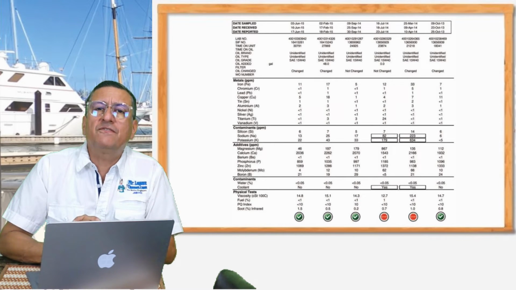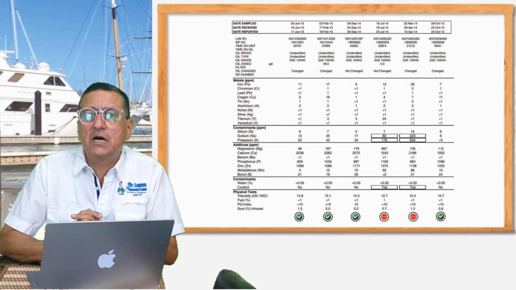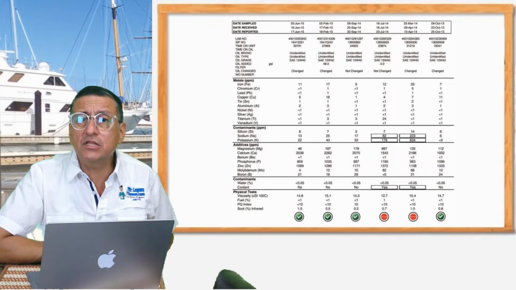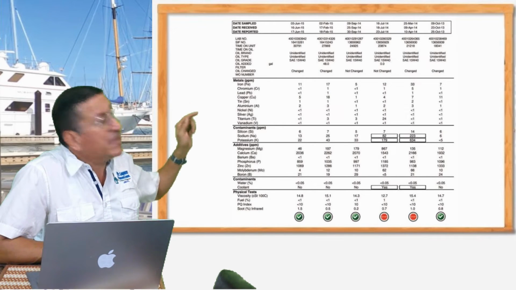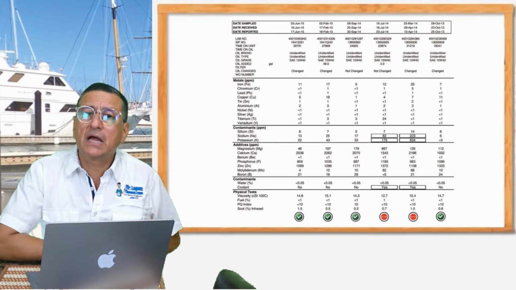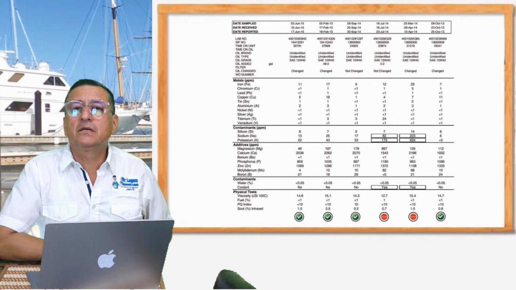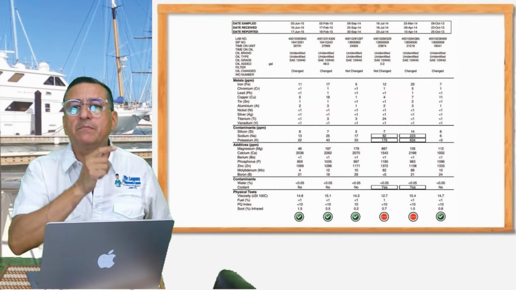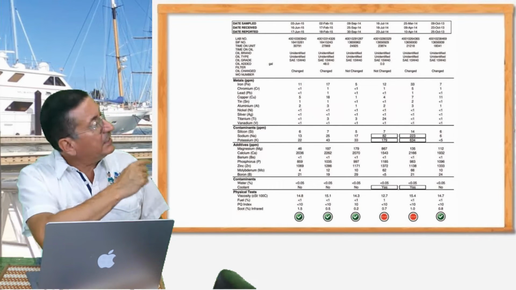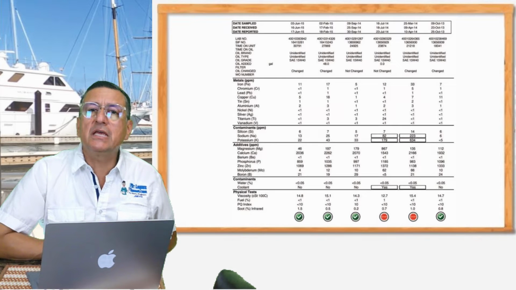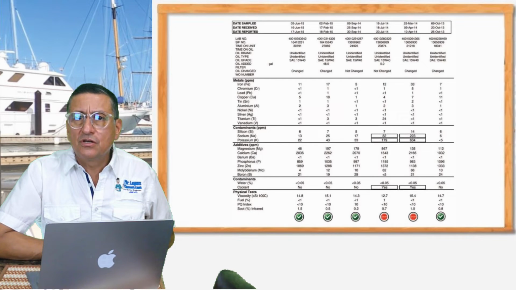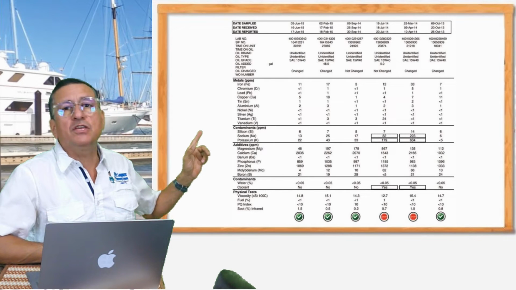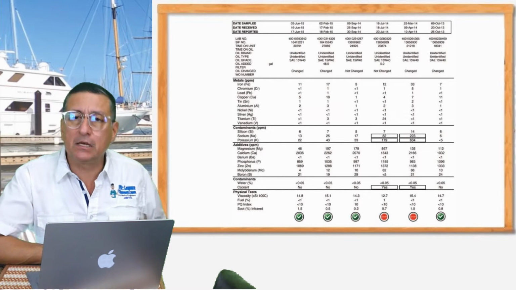Normally, when you receive the oil sample analysis, you receive a letter with the information about the concentration of each metal in the sample. In one column, you see the concentration in parts per million of that metal in the sample. In the next column, you see the average concentration of that metal in this type of engine with that type of oil.